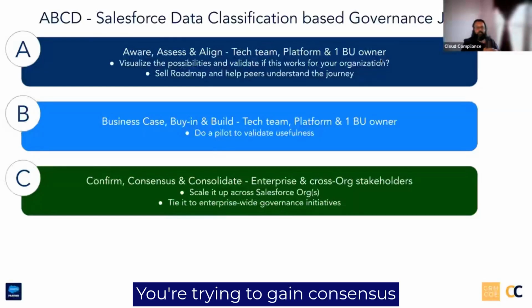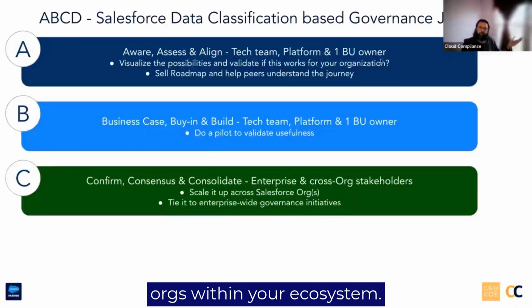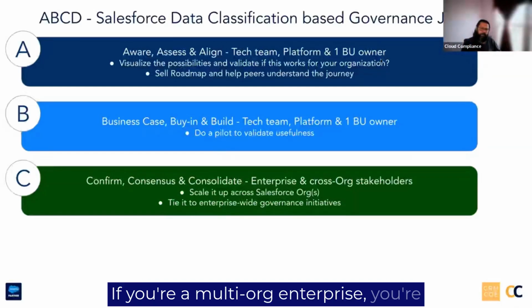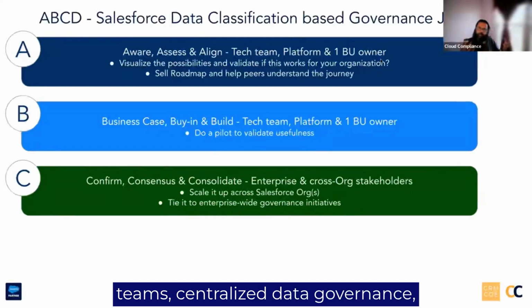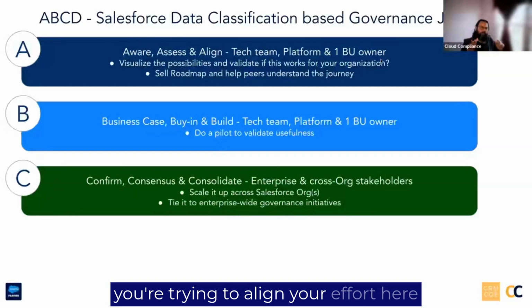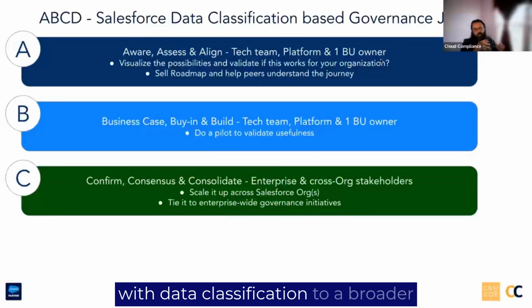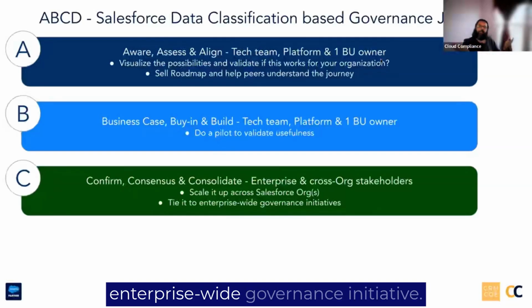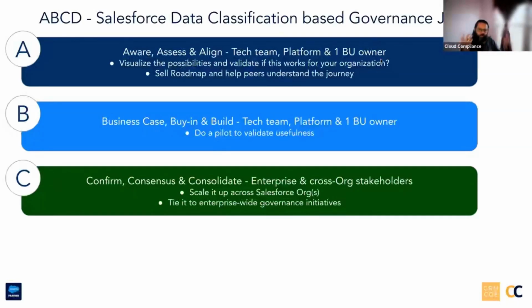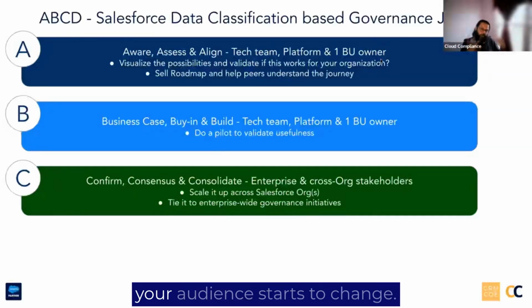You're trying to gain consensus with your steering committees. You're going to other Salesforce orgs within your ecosystem. If you're a multi-org enterprise, you're going to your enterprise architecture teams, centralized data governance, and enterprise governance teams, trying to align your effort here with data classification to a broader enterprise-wide governance initiative. This is important, and this is where your audience starts to change.